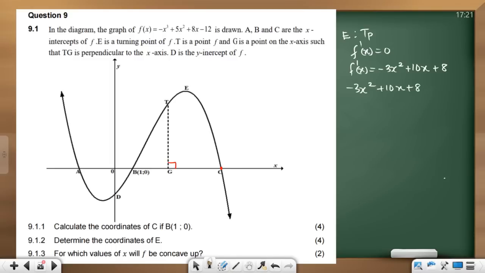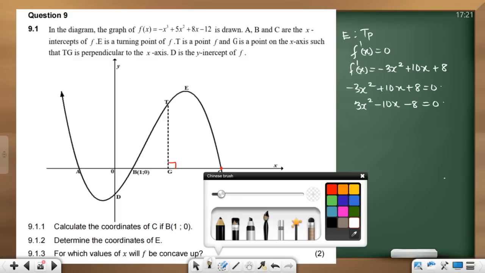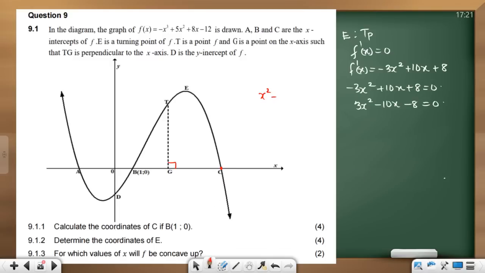If you are not sure of how to factorize, please don't try to be a genius. Use your quadratic formula. But for me, I'm going to show you again. I'll multiply the 3 and the negative 8, which gives me what? Negative 24. Then let's factorize 24. What will give me negative 24? 12 and 2.